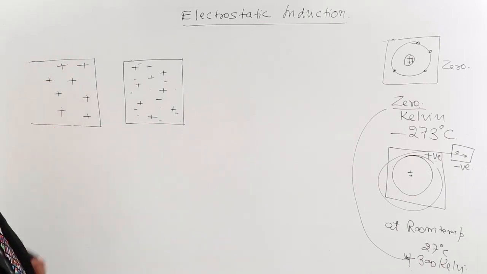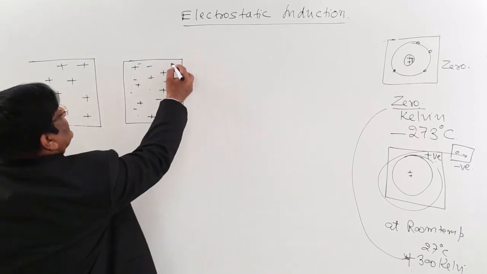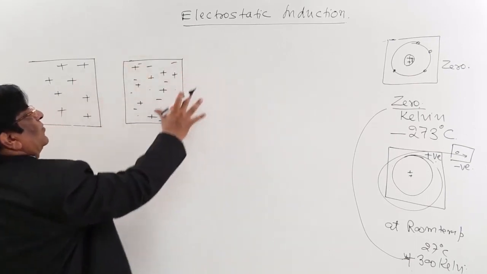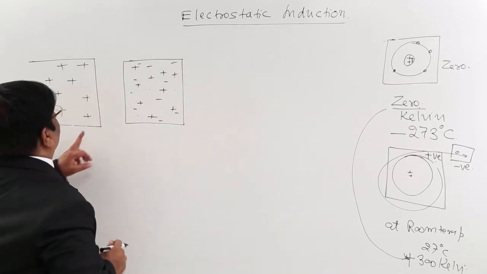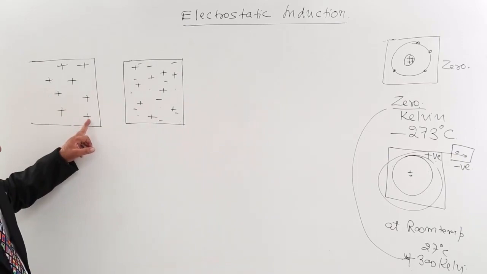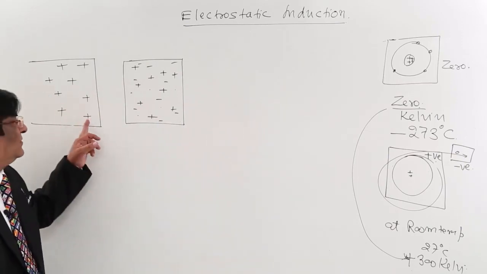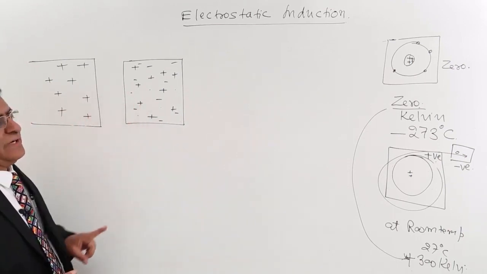This is positively charged, and these charges are distributed all over the material. The moment we put it close, all these positive charges, according to their nature, attract negative charges, and according to their nature they will repel similar charges which are positive charges.